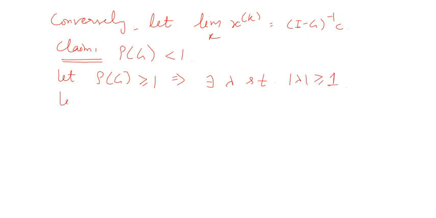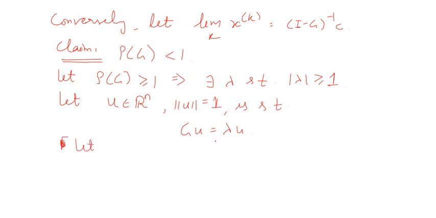Let u belong to R^n, where the norm of u, a subordinate norm, one of the norms on R^n, is 1, such that G of u equals lambda u. So that is possible. Let x0 be the zero vector.